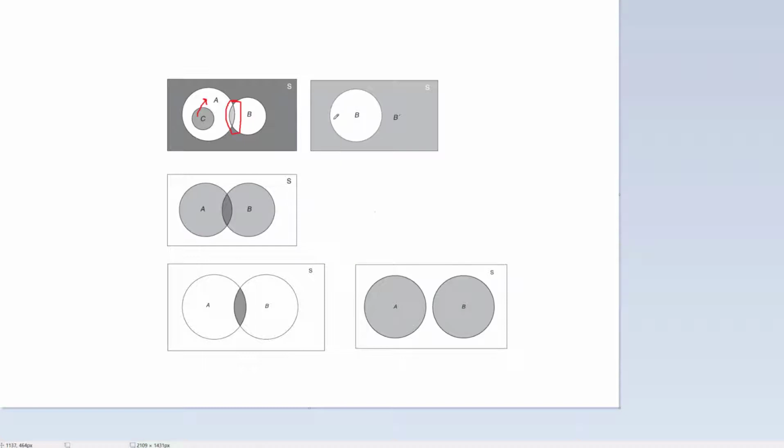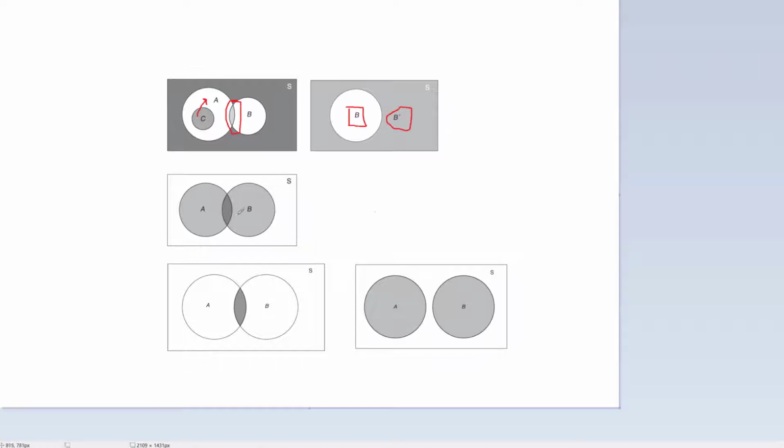And whenever we are talking about complements, let's say we have event B. The complement of event B will be everything else, the other elements that we don't have in event B. That means excluding the elements in the sample space that we have in B. So we draw it and say that this is B prime.